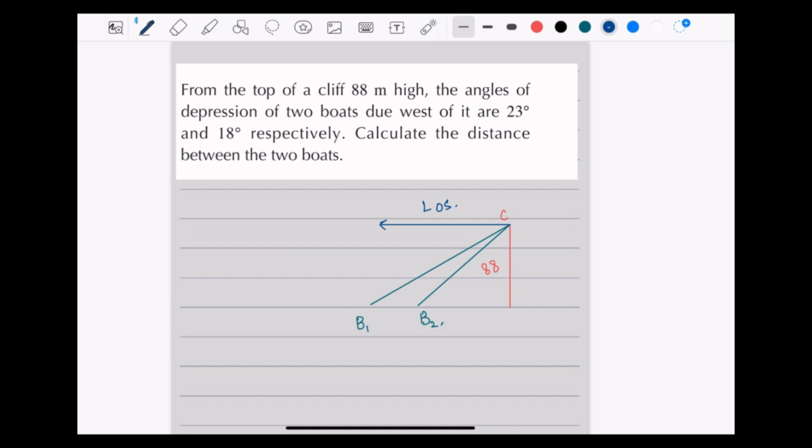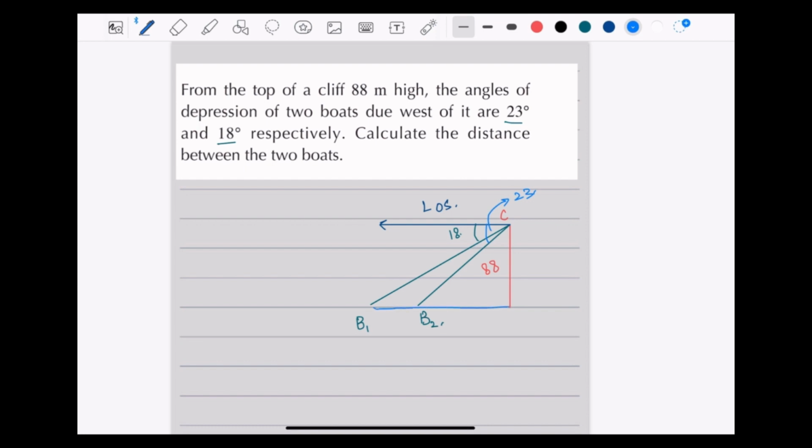And the angle of depression for the first one is this. So as you can see, this is 23 and this is 18. So obviously this is going to be 18 because this is lesser than the other one, the blue one. And the blue one is going to be 23. This is just common sense here.